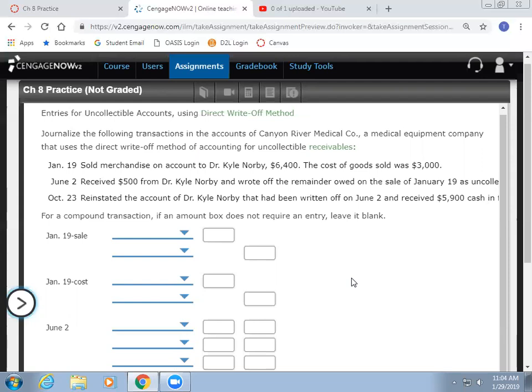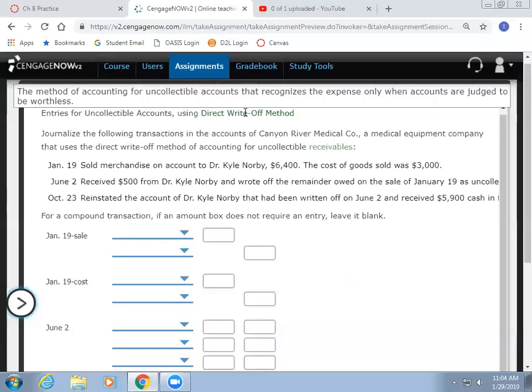So again, this first one, we're looking at the direct write-off method. For those of you that are newer to Cengage, I'll point a few things out as we go. Anything that's in green, if you mouse over it, it will give you a definition.